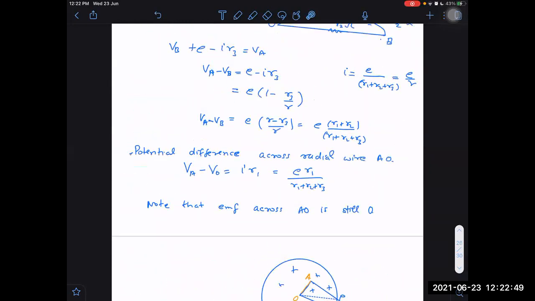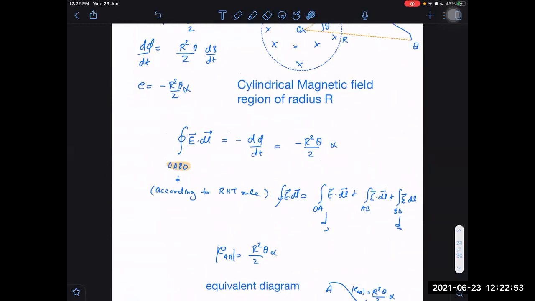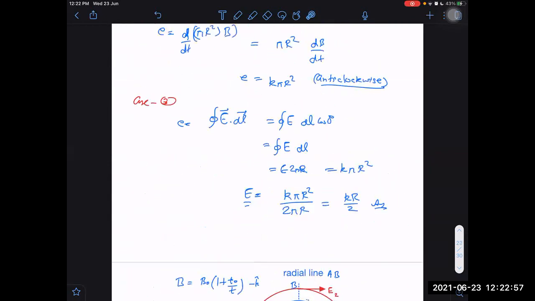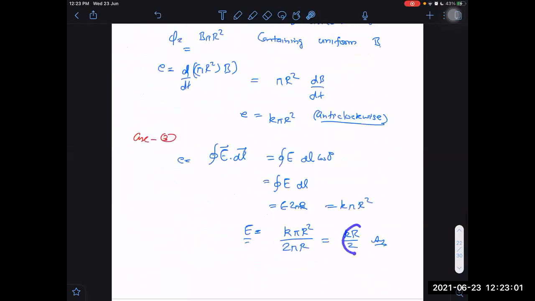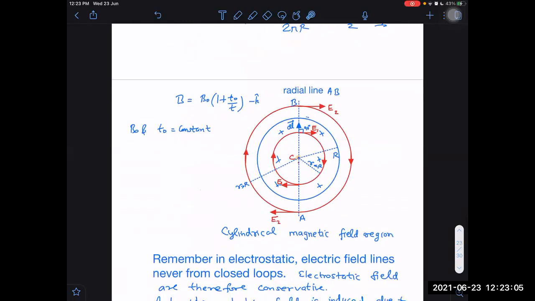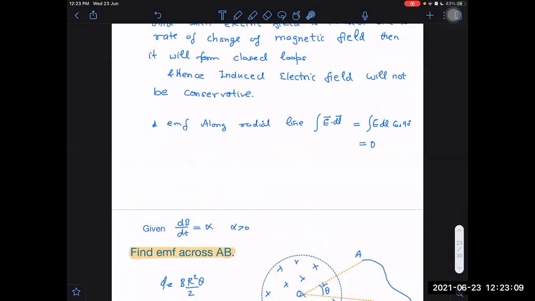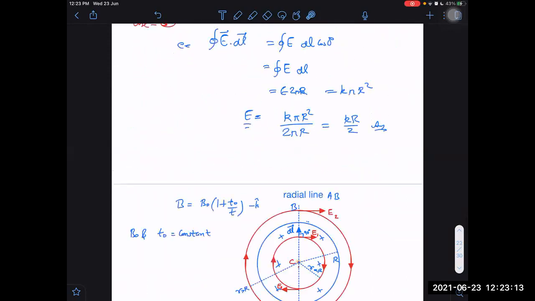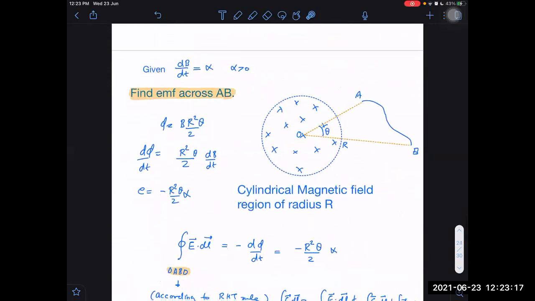What was the formula for the induced electric field which we derived? When dB by dt is given as K, the induced electric field comes out to be... I did not derive it yet, inside and outside. I forgot to derive. You told me today, starting itself, we will discuss.